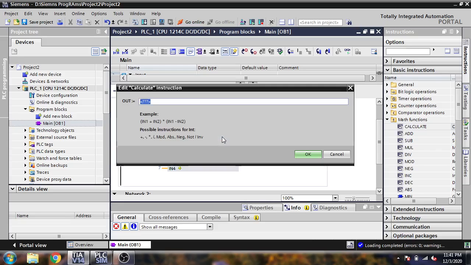Now I am going to show you the command. You will see here is an example.